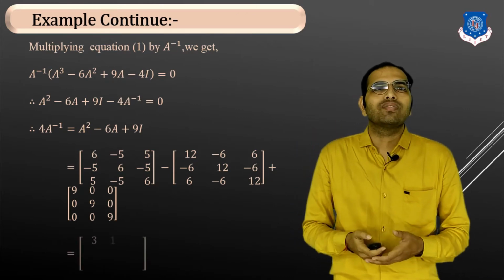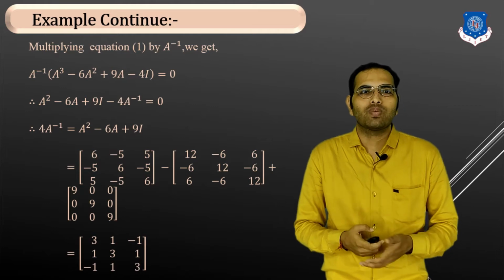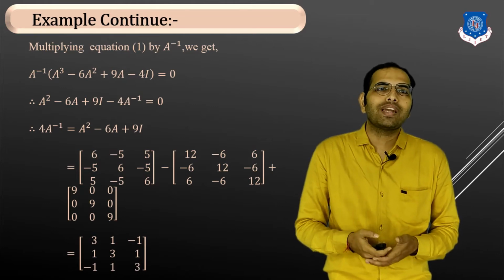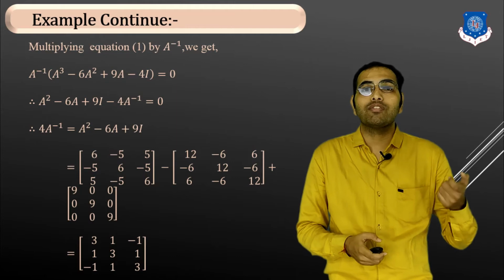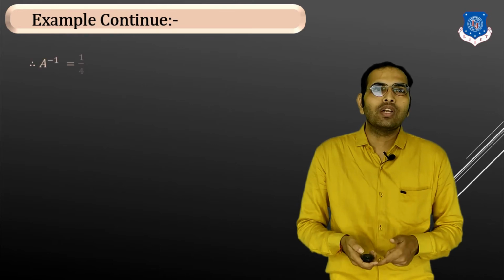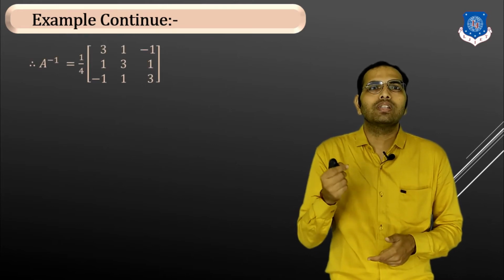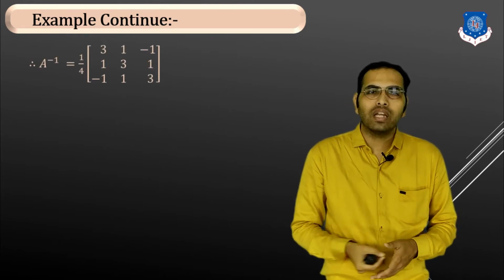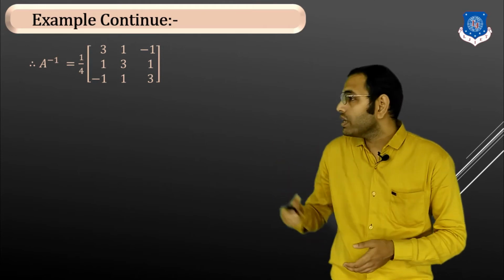Simplifying, that will give you [3 1 -1; 1 3 1; -1 1 3], that is 4 A inverse. Now making A inverse the subject, A inverse equal to 1 by 4 into [3 1 -1; 1 3 1; -1 1 3], that is exactly A inverse.